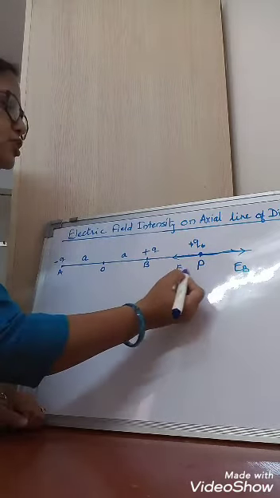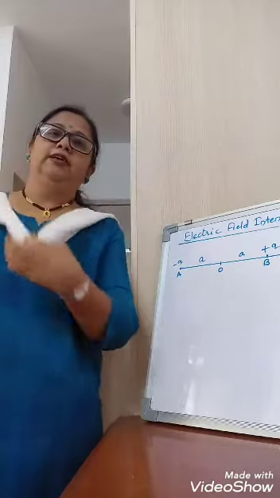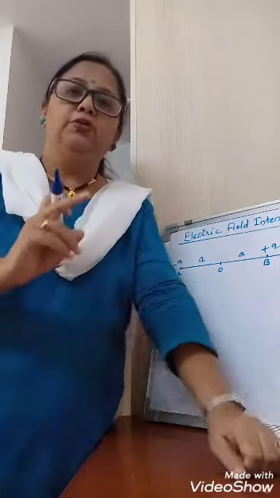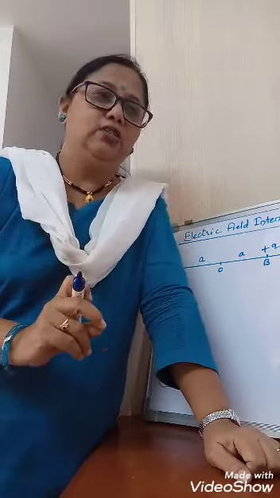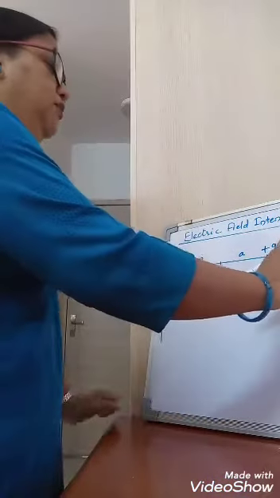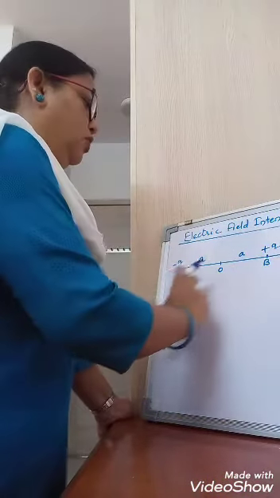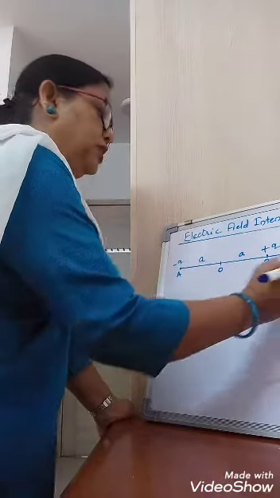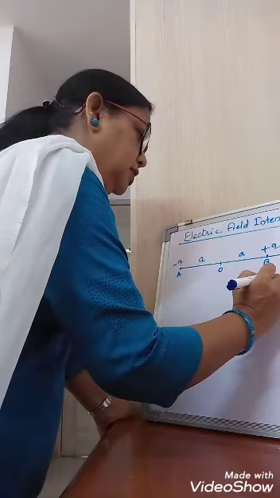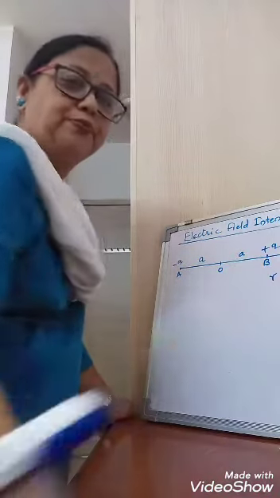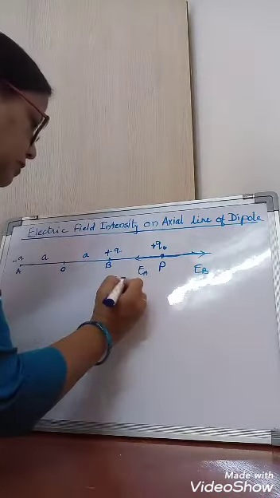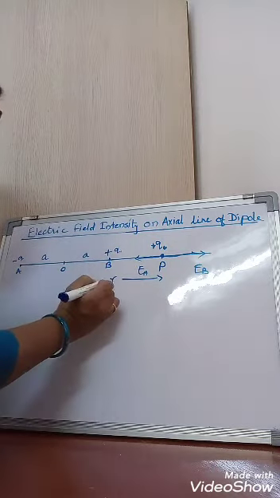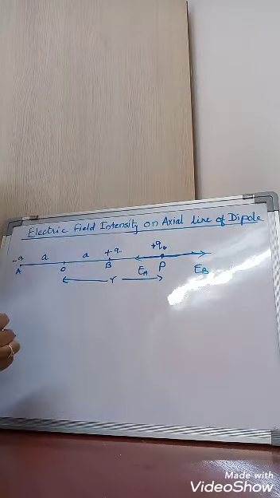As we have studied, the formula for electric field is E is equal to K into q upon r square. So here we have to find out what is the value of r from the given charge minus q to point P. Let us consider the distance from the center as r.